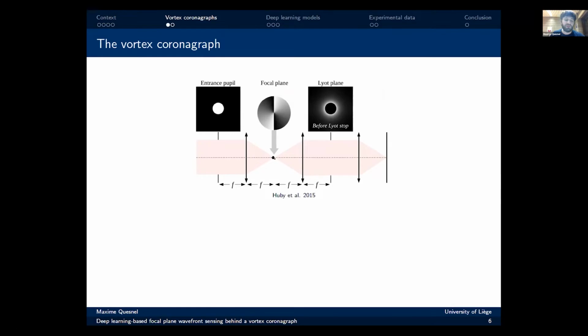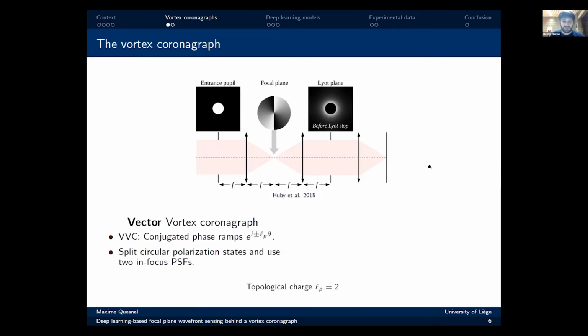Of course, even with a perfect vortex coronagraph, if you have phase aberrations, light will leak, which is not necessarily a problem for focal plane reference sensing. The most common vortex coronagraph is the vector vortex coronagraph.